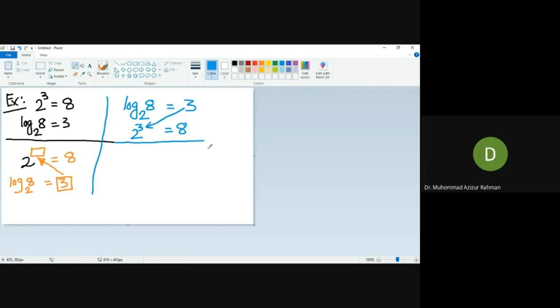Now, for example, let's say 1.5 to the power something equals, we know, 100.